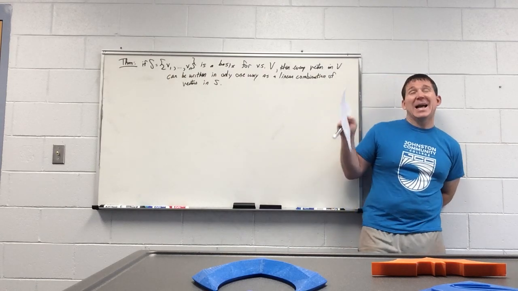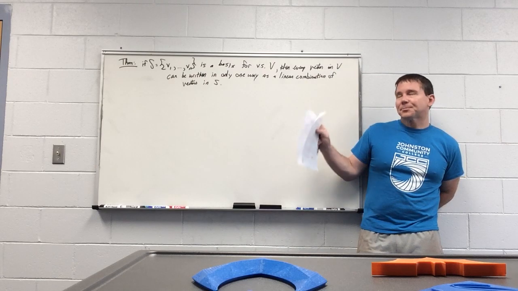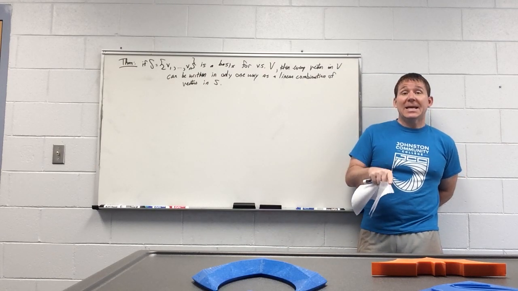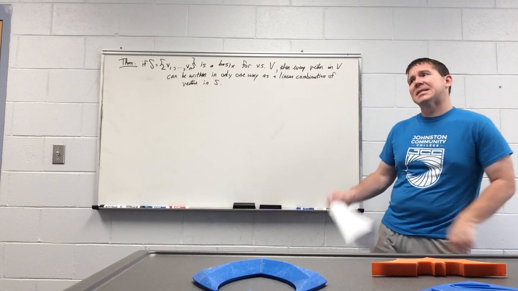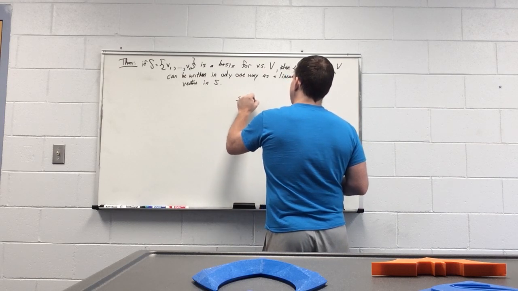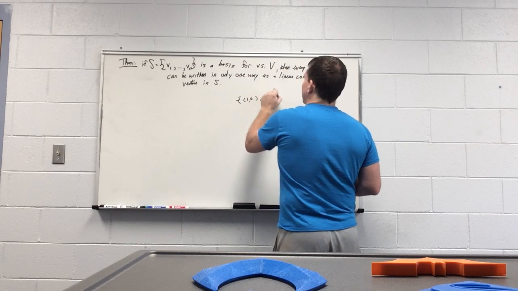This one, I actually am sure that I assigned you for homework. So we won't prove it. But the idea is, if I have a basis, think about it in terms of R2. My basis was 1, 0, and 0, 1.